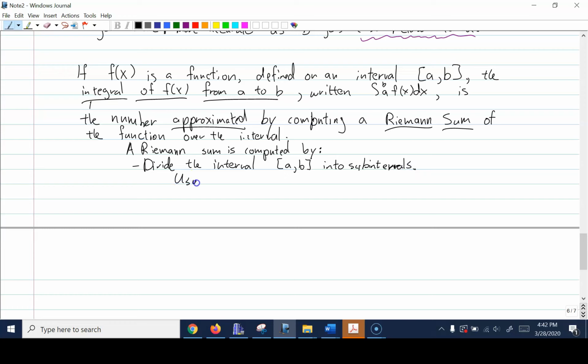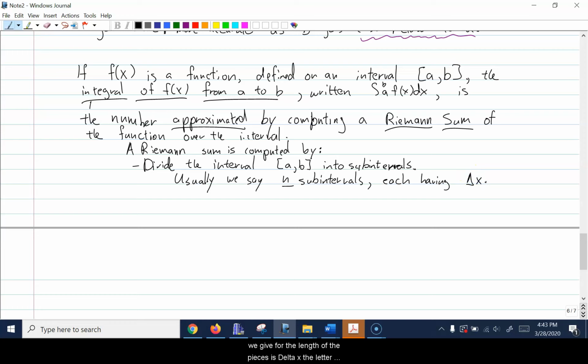Usually we say n subintervals. We use n to be the number of subintervals we cut it into. They don't have to be the same length. We can cut them into unequal pieces, but that's kind of a weird thing to do. Most commonly, if we cut it into 10 pieces, then it'll be 10 pieces of the same length. The name we give for the length of the pieces is delta x.